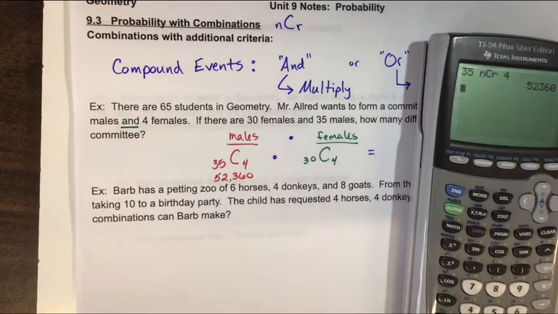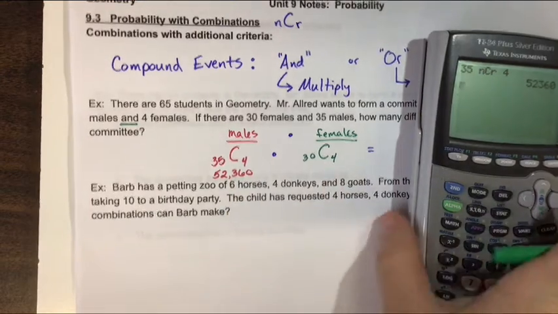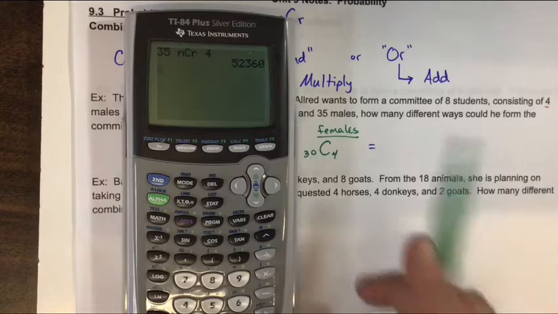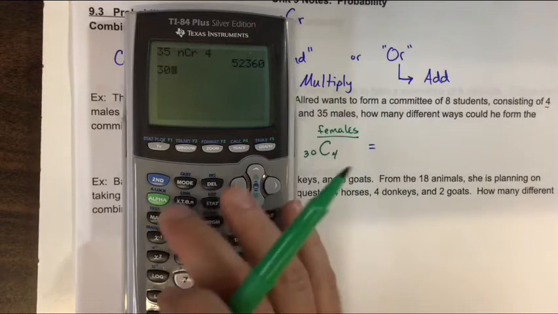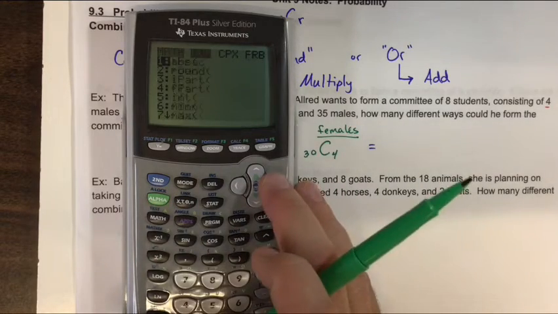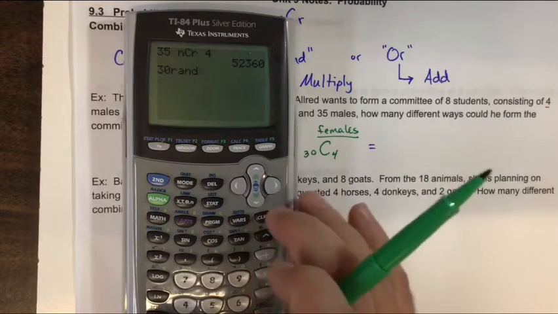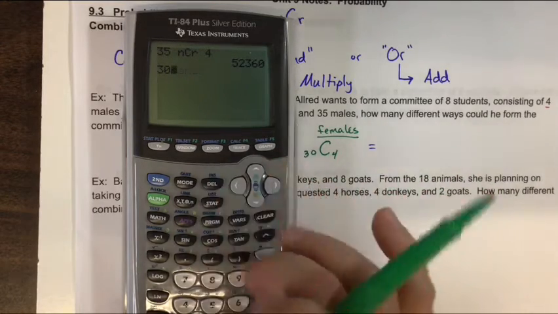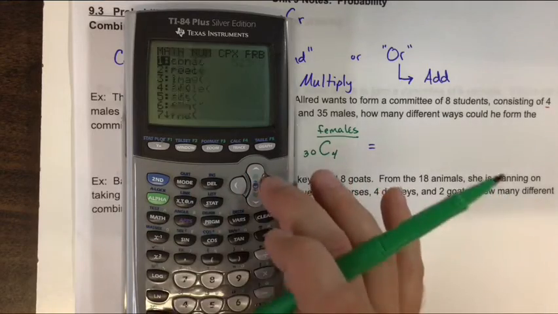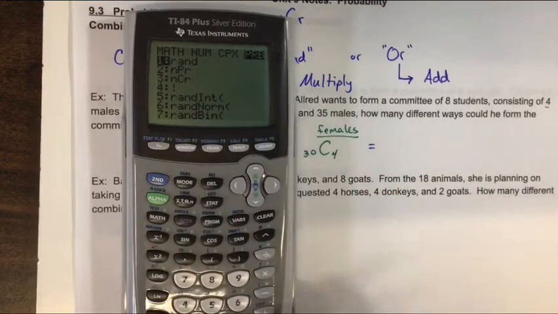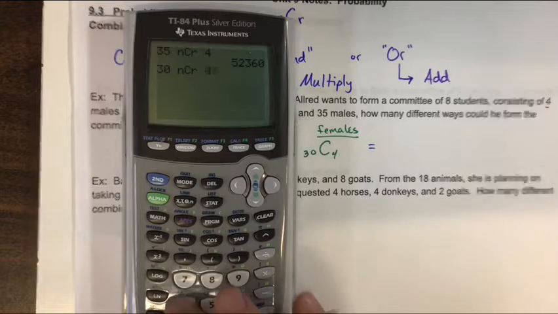And then I can go on and do my combination for the females. So we do 30, math, over to probability. Oops, I hit the wrong one. Let me back up. Math, over to probability, and we want option 3 again. And I want 4 of those.